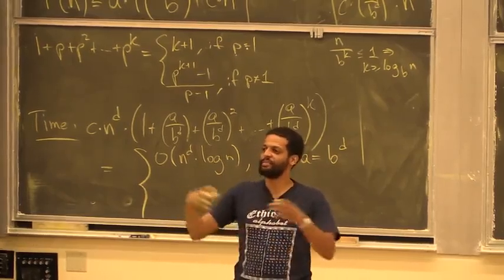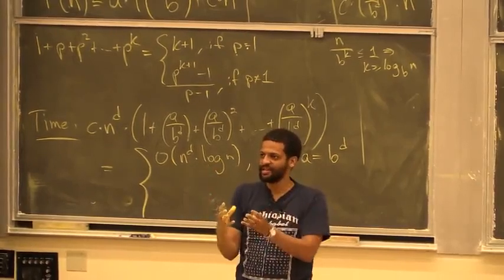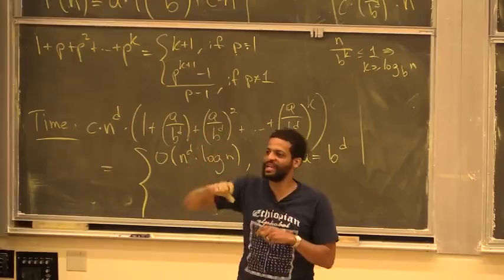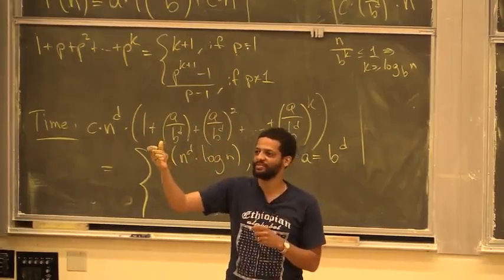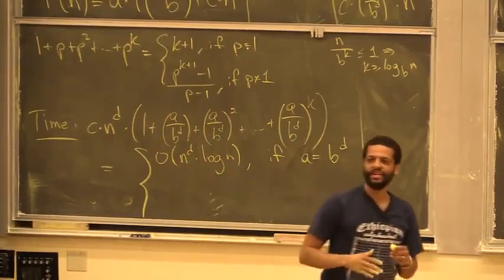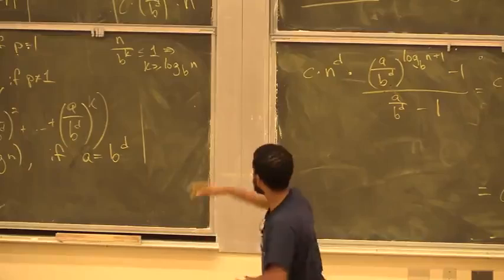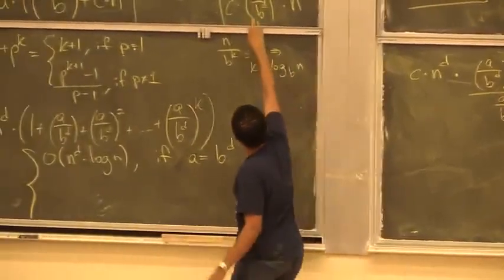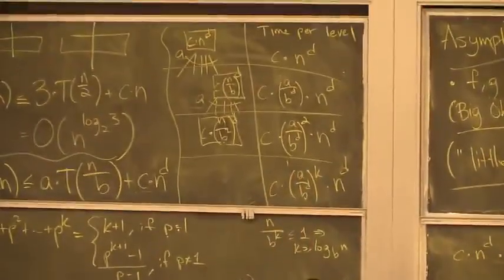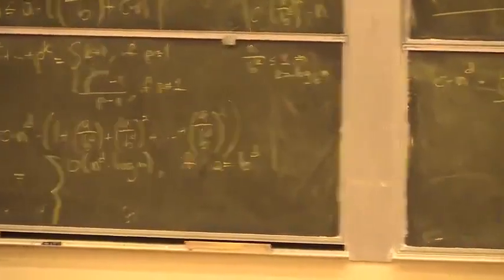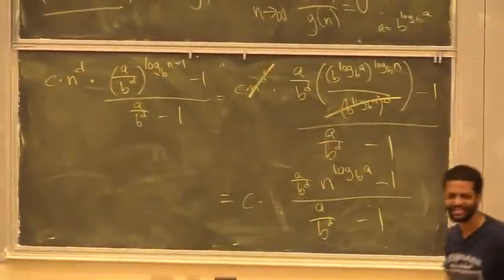So the time it takes to combine them is n over b to the d. So b also gets raised to the dth power, right? And two levels down, the size of n is n over b squared. So now it gets raised to the d. So that's why you have b squared to the d, which is the same as b to the d squared. Okay. Any other questions?